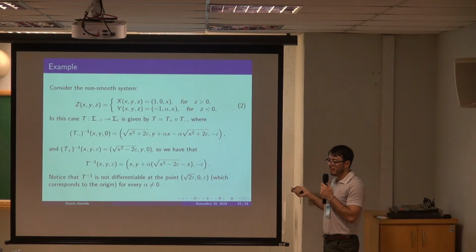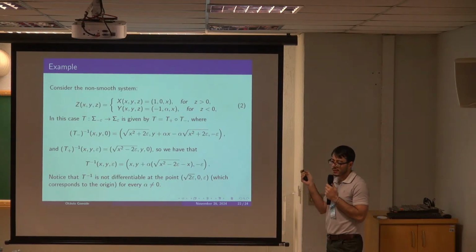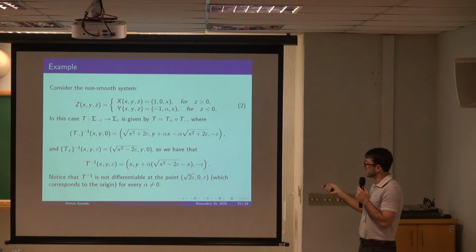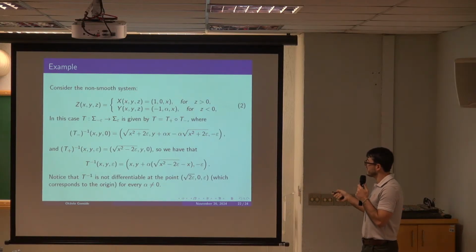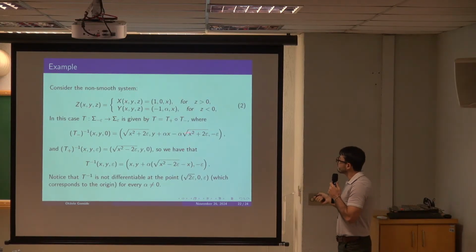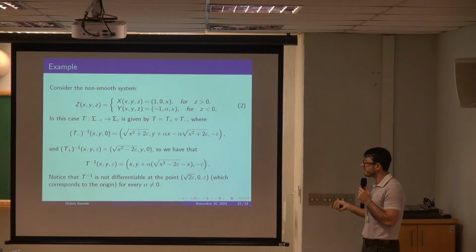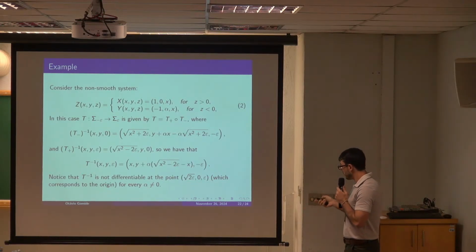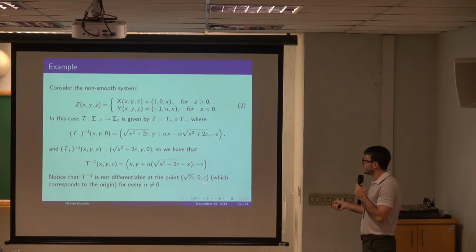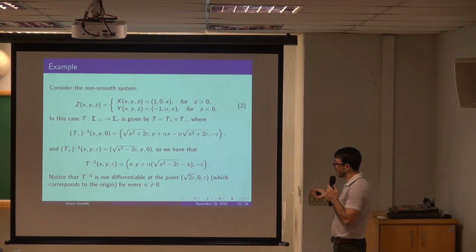Here we have a very explicit example. Of course, it's not an example of a global connection; I'm talking only about the local property. With this simple system, we can construct the transition map in an explicit way, and the inverse of this transition map is given by this formula. Recall that the point, square root of 2 epsilon, 0, epsilon, corresponds to the two-fold singularity that I'm based on, the origin in this case.